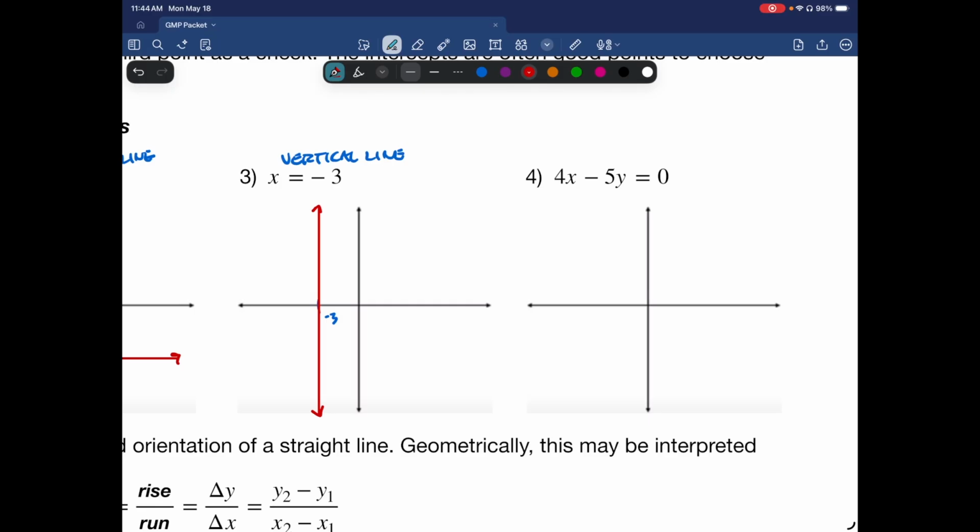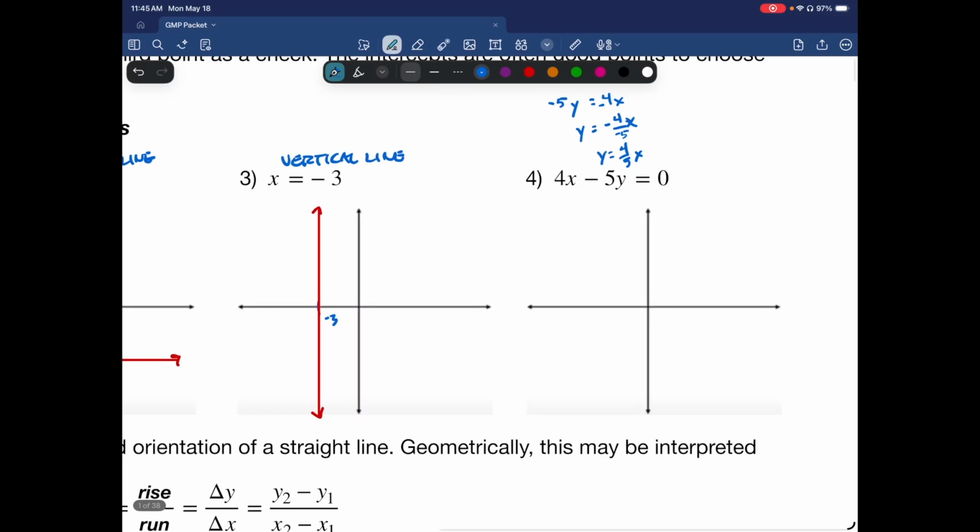So if I solved this whole thing for y on number 4, I would get negative 5y equals negative 4x plus 0, which I don't have to write. And so y would equal negative 4 over negative 5x, which is y equals positive 4/5 x. If there's no y-intercept or no b term right there, that means it's 0.